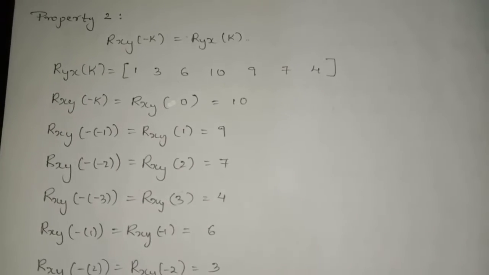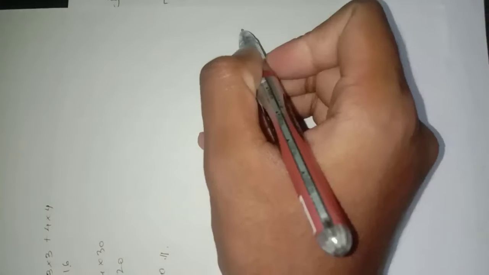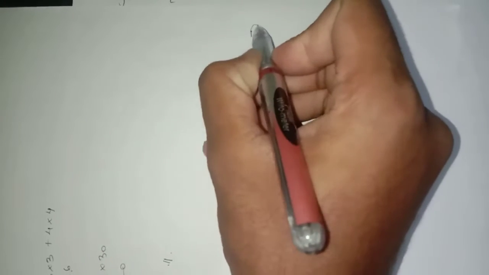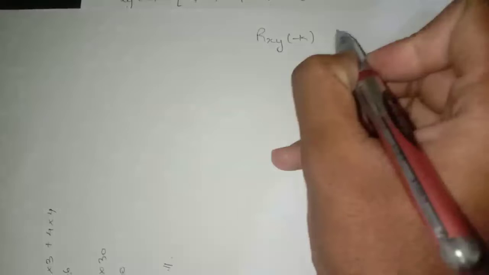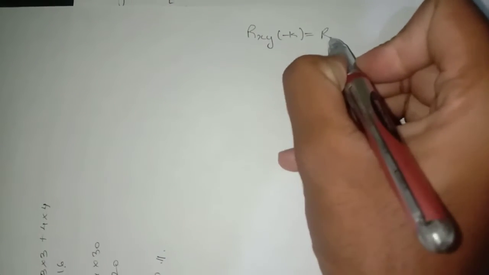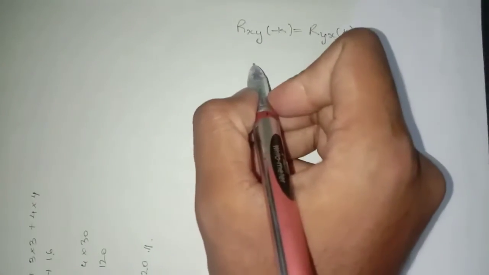So the second property is the reflection property, that is Rxy of minus k will be equal to Ryx of k. So let's do it.